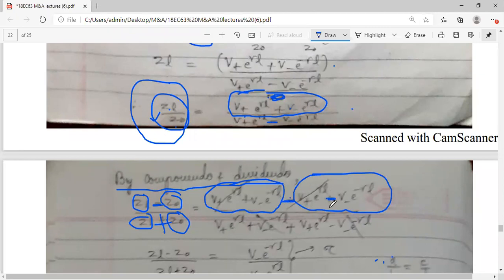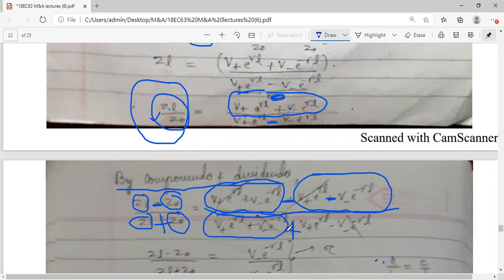In the next step, minus into minus will become plus. So I have not written the intermediate step. Directly I have applied this negative sign. You can just use one step and then do the further solution. And the numerator I have written as it is, V plus plus V minus, and there is a positive term.